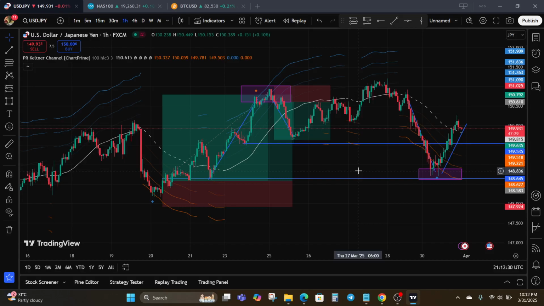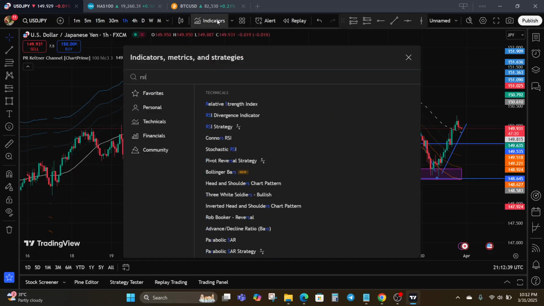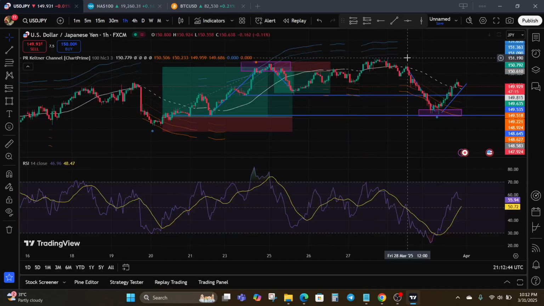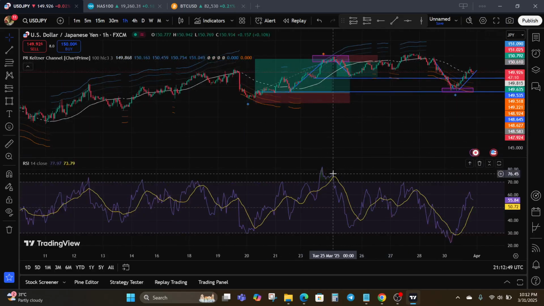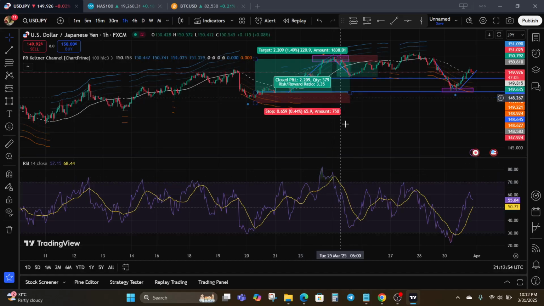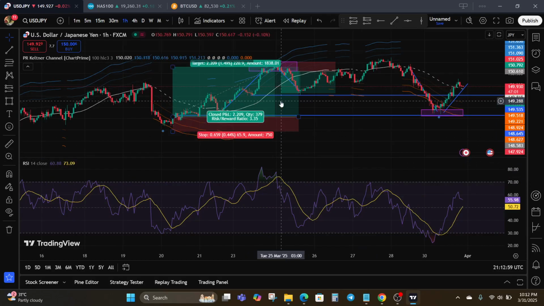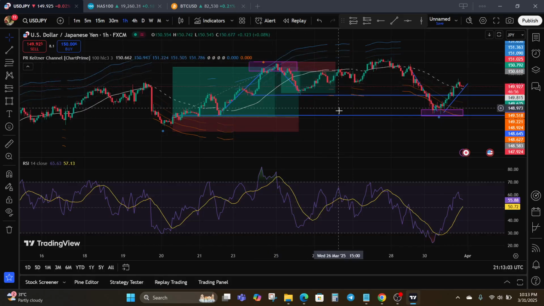You can also combine this indicator with other indicators for additional confirmation. Using momentum indicators like RSI or the MACD can strengthen your trade setups. Maybe you got a sell signal around here, as you can see. The RSI was in overbought territory, so that added a layer of confidence in that trade. The RSI was also giving us a sell signal while the PR Keltner channel was giving us a sell signal, which shows that the signal was valid.